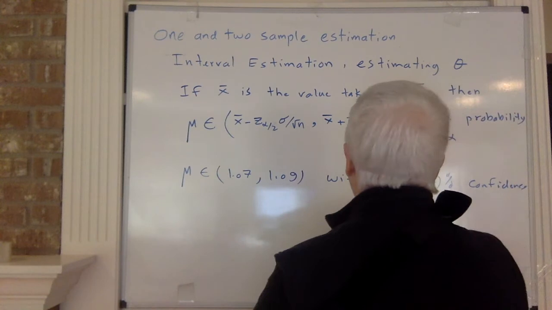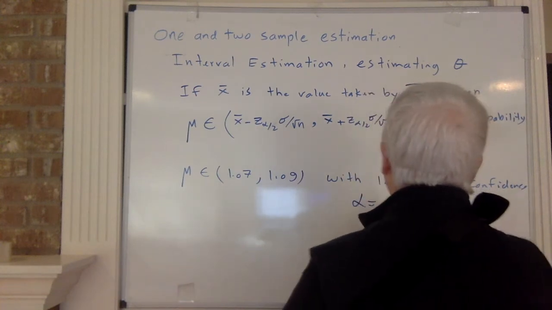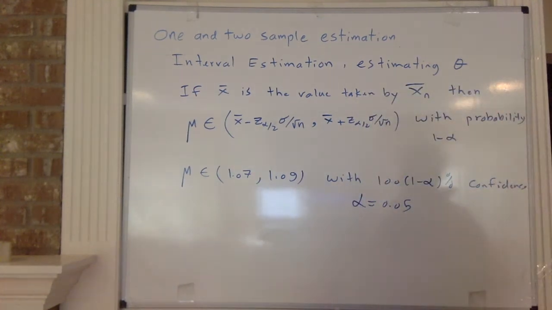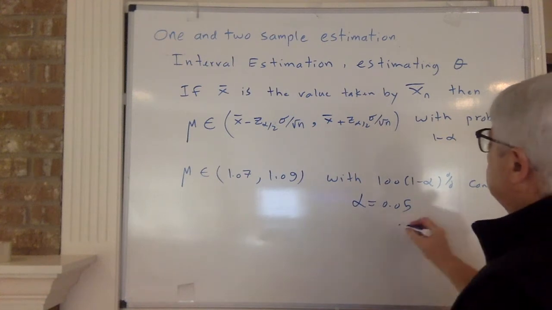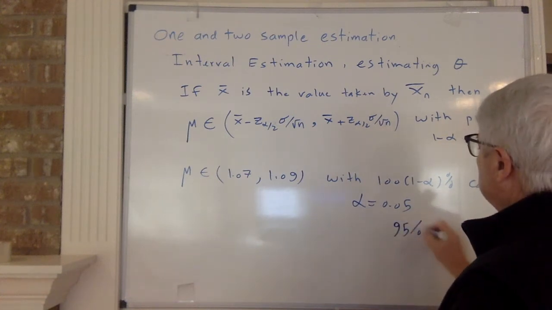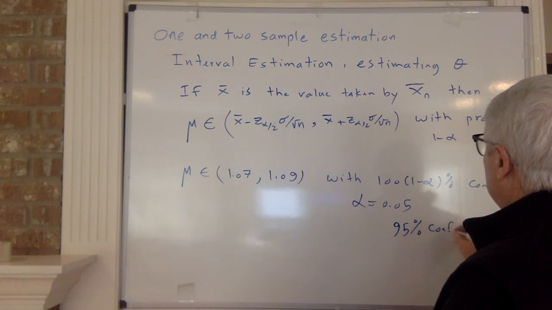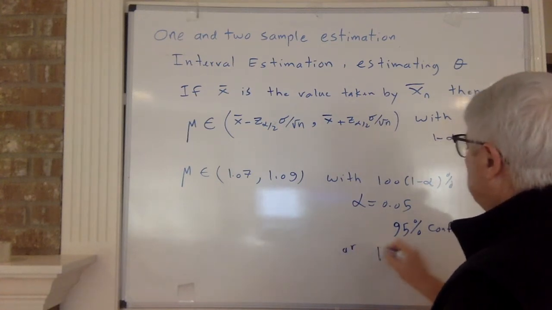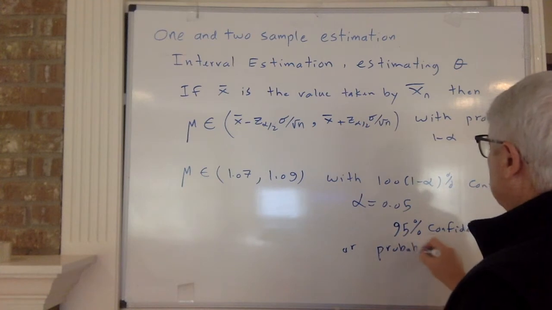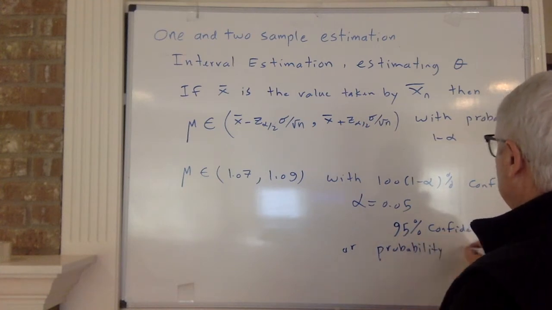So if I say alpha is 0.05, that's one of, usually you take it 0.05 or maybe 0.01, depends. So this gives me 100 times 1 minus alpha, that's 95, so that's 95% confidence. Or probability 0.95.